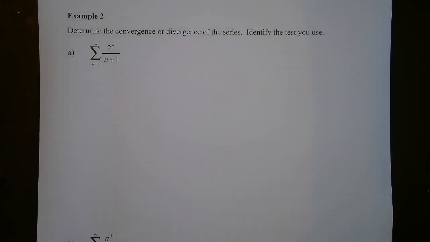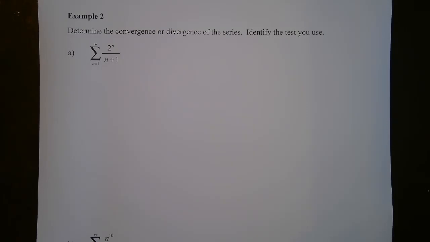For this next example, example 2, parts A, B, C, and D, I believe, we want to determine the convergence or divergence of the series and then identify the test you use. We have the ratio test, the limit comparison test, the direct comparison test, the nth term divergence test, and some more tests that we're going to learn and use for endpoints, to determine if the series converges at the endpoint or not.